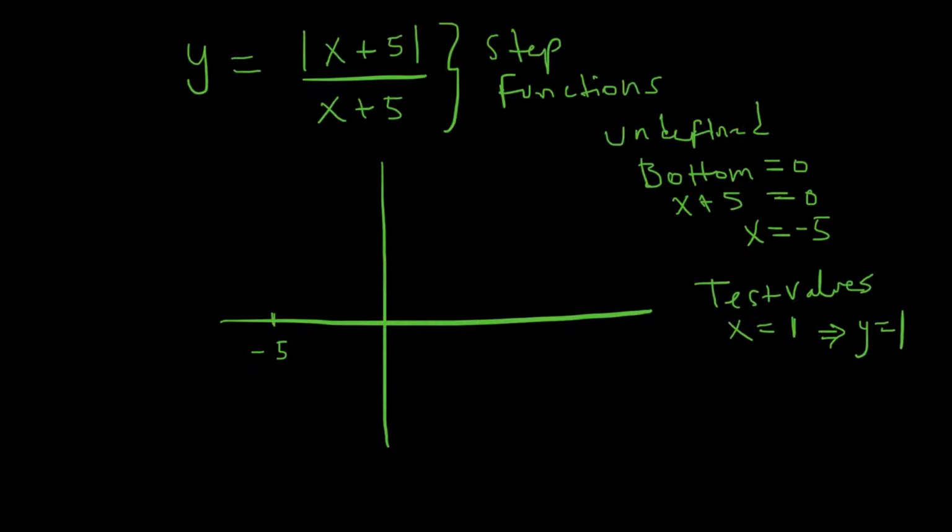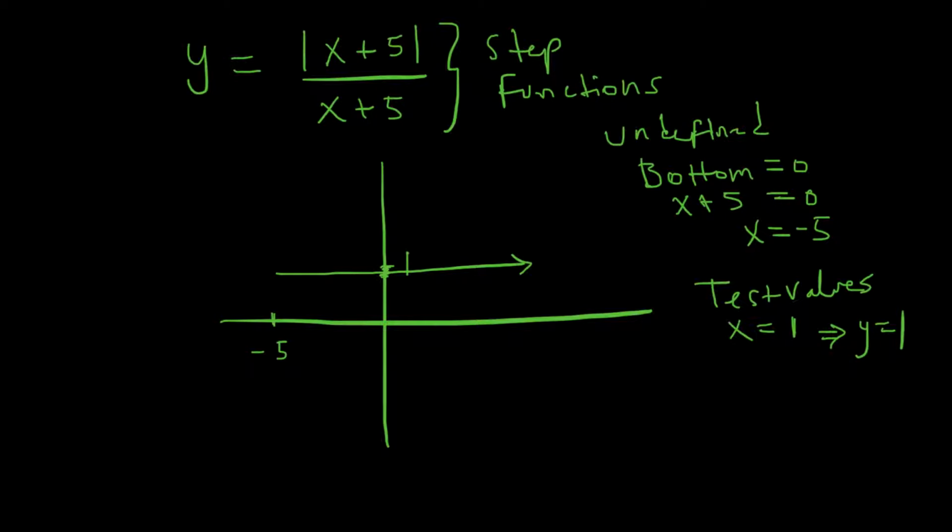And so what that means is, here's 1. You tested a number to the right of negative 5, and you got 1. That means any value you have to the right of negative 5, you'll get a positive 1. And so I can graph it like this. That should be touching the 1.